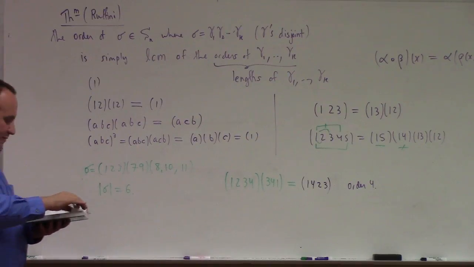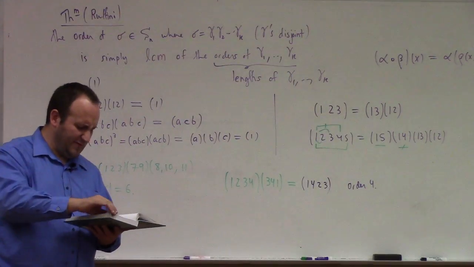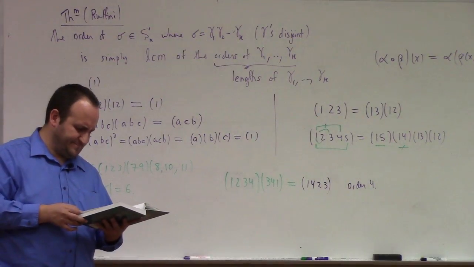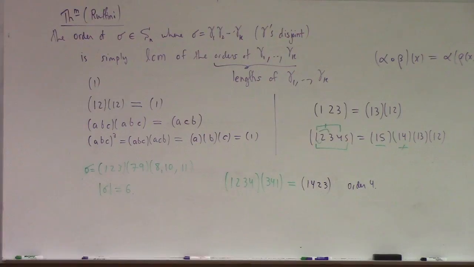So, if I remember right, I've assigned... let's see here, where did I put it? I said complete the Cayley table for S3. Now that you're getting fluent in the cycle notation, that should be a breeze.